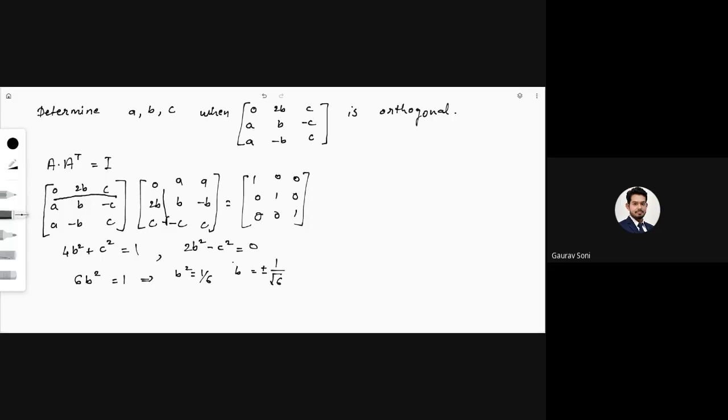Then I'll put this value of b in one of the equations, say this one. So what we will have, c square is equal to 2 times 1 by 6.